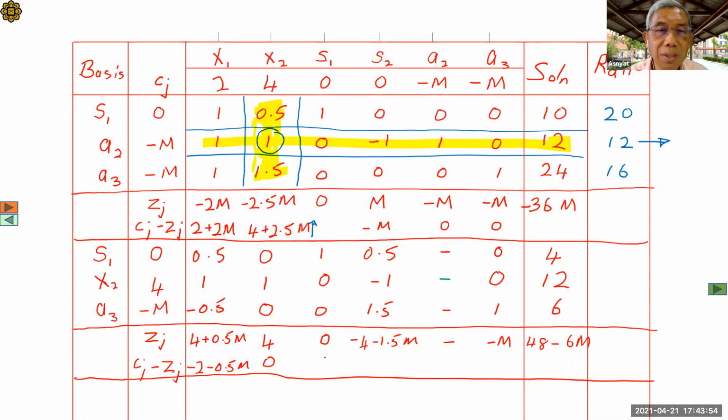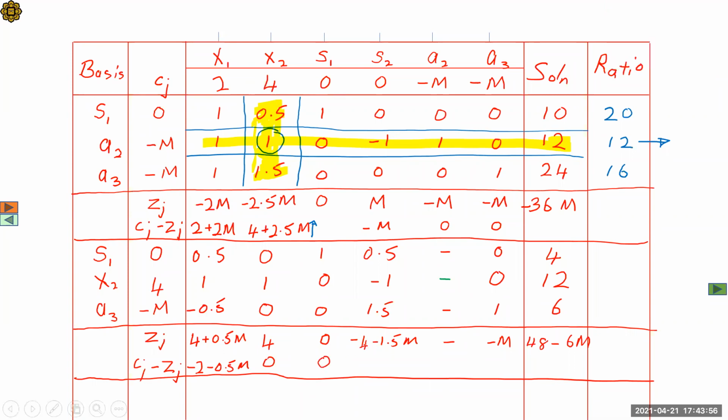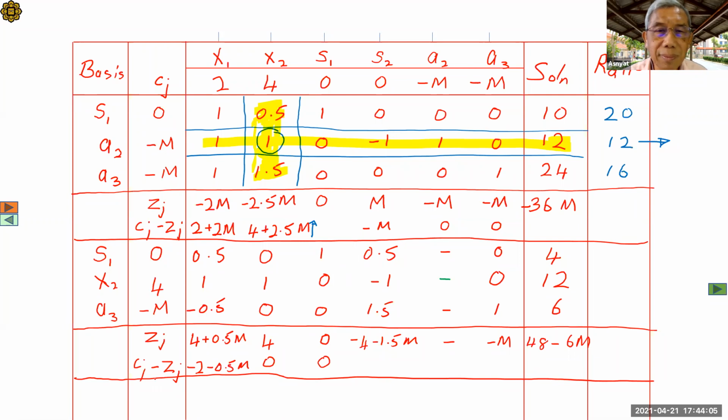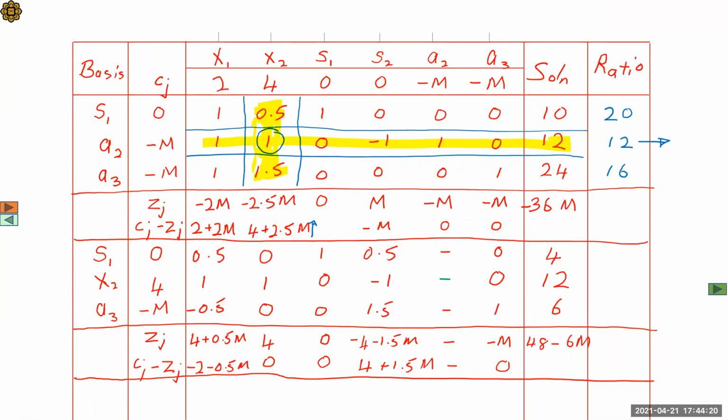Next one, 0 minus negative 4 minus 1.5 m, 4 plus 1.5 m. Dash. Last one, 0, 0.